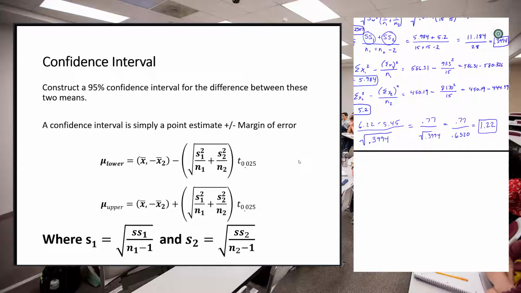So again, we're looking above and below here, and for it to be 95%, we need to cut off 0.025 in each tail.